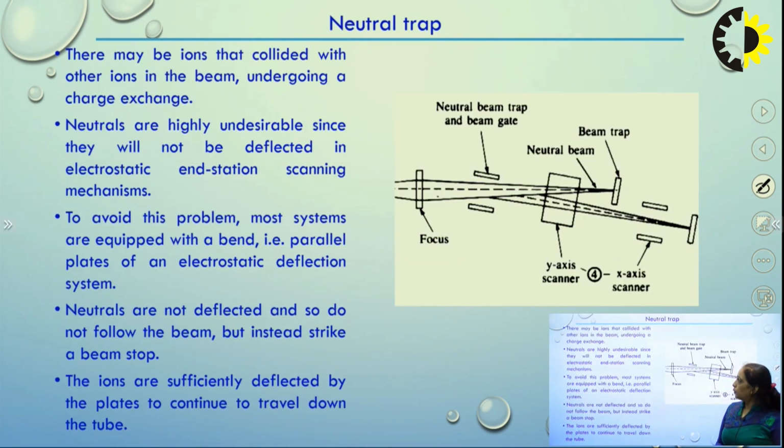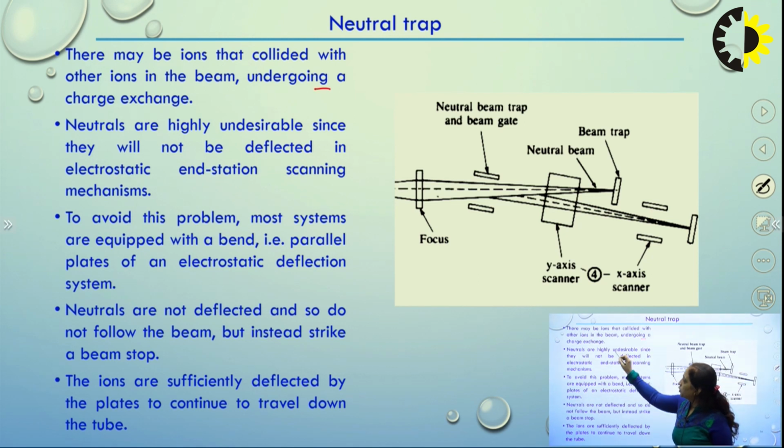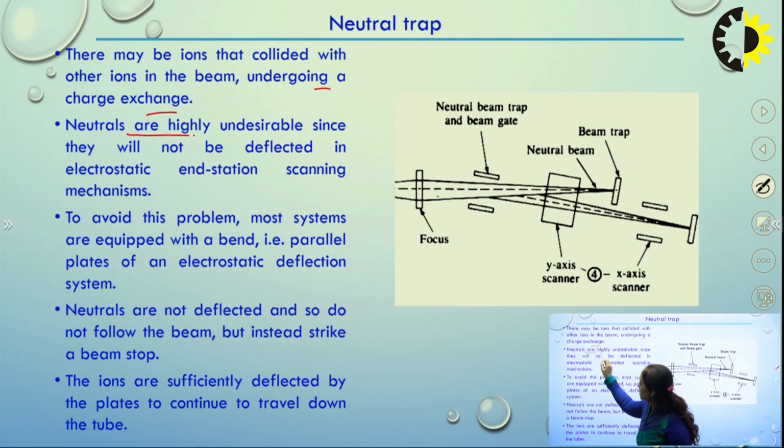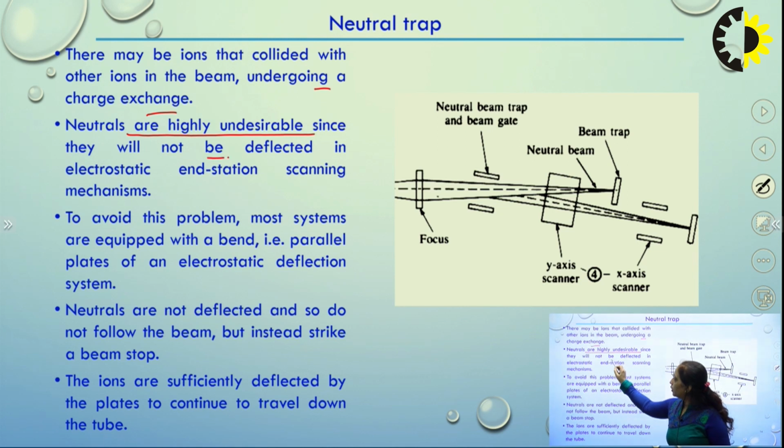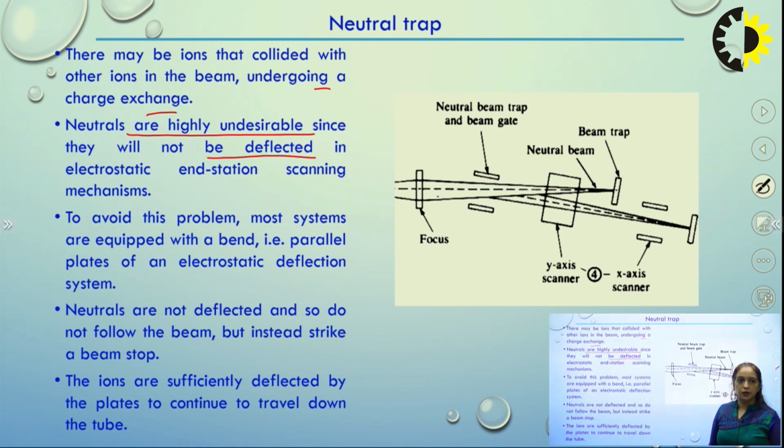Then we have this neutral trap. Many ions collide with other ions, and they undergo a charge exchange. Neutrals are highly undesirable since they will not be deflected in the electrostatic mechanism and the end station scanning mechanism.